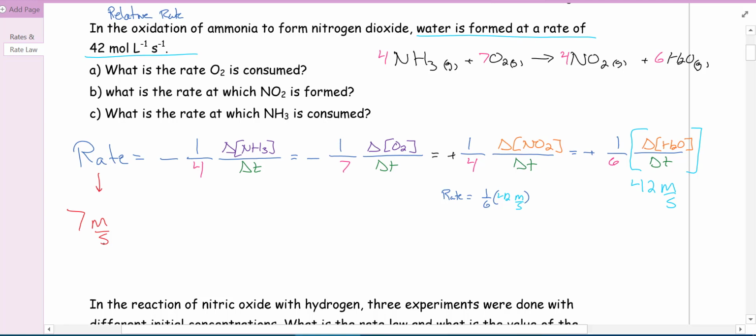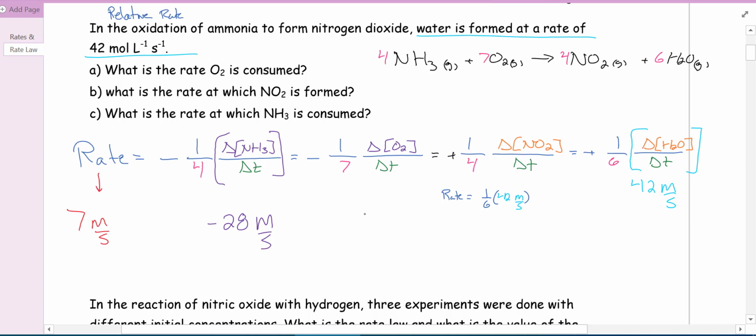So now for this number right here, because we're going to get ammonia, we're going to get NO2 as well. It's going to be the same. I'm going to get O2 and O2, but for ammonia, negative 1, so 7. So X times negative 1/4 is 7. That would be negative 28 molarity per second, because negative 28 times negative 1/4 is 7.